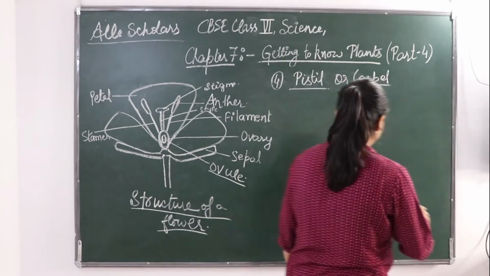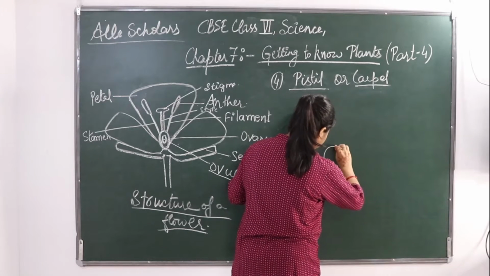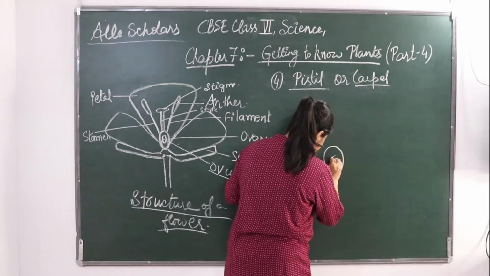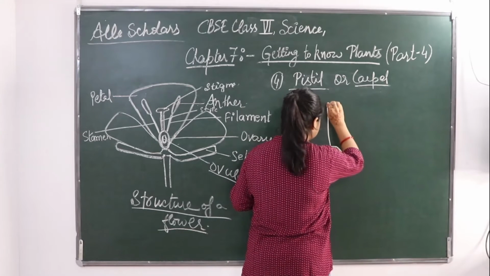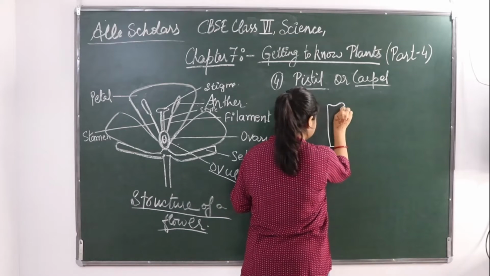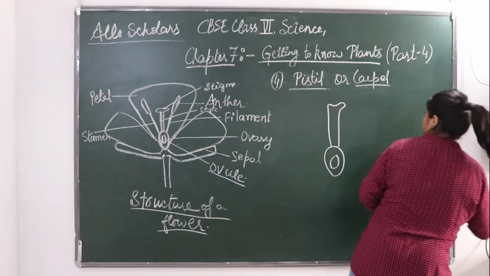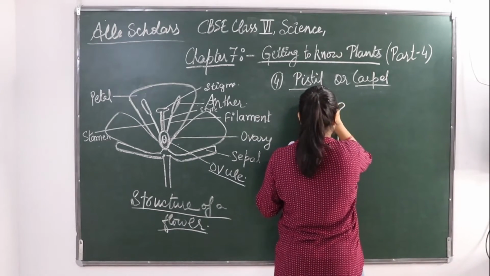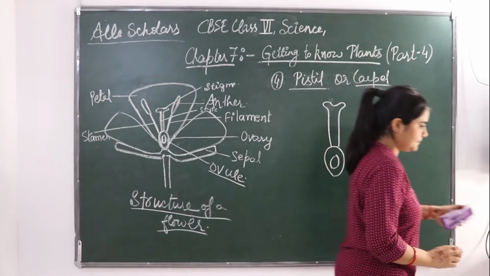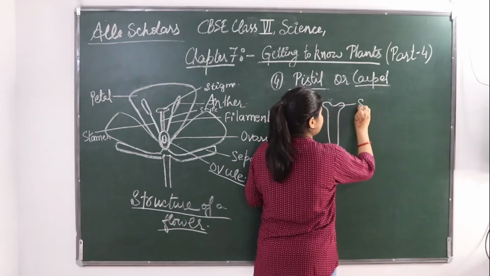So here I will draw a diagram for a pistil. So the top head is called stigma.